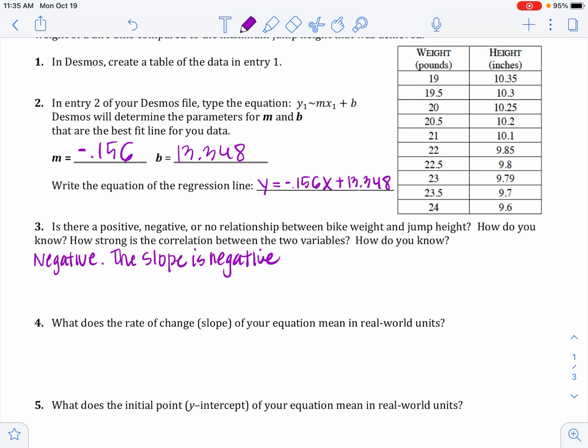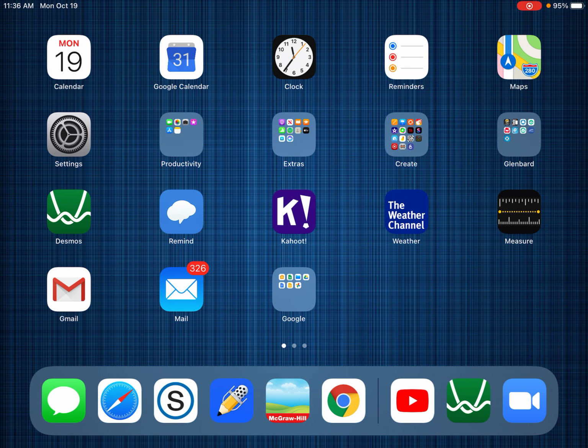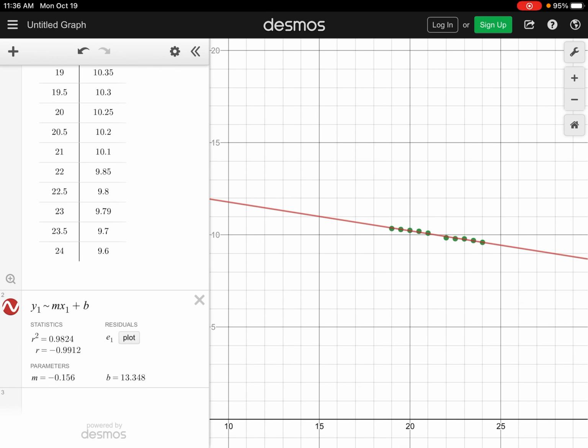Next question. How strong is the correlation between the two variables? To see how strong the correlation between the two variables is, we want to use the correlation coefficient. Remember, the correlation coefficient is the R value. It gives me an R value. So if you look back over here, it says that R is negative 0.9912.